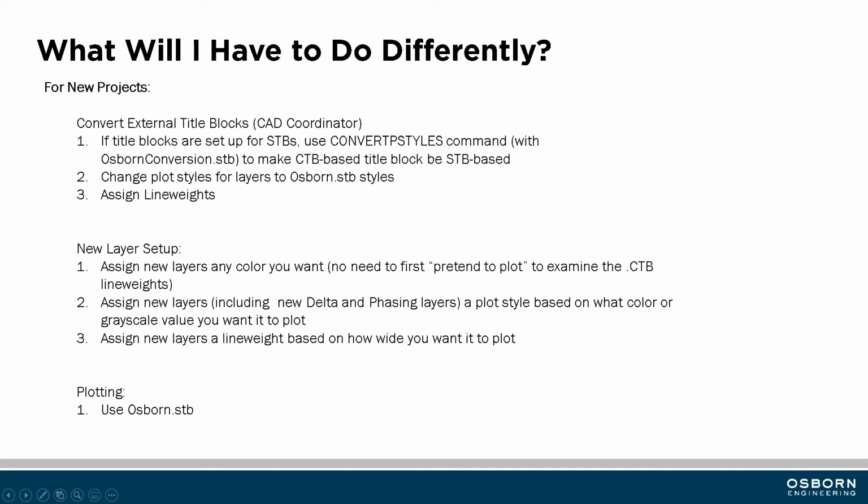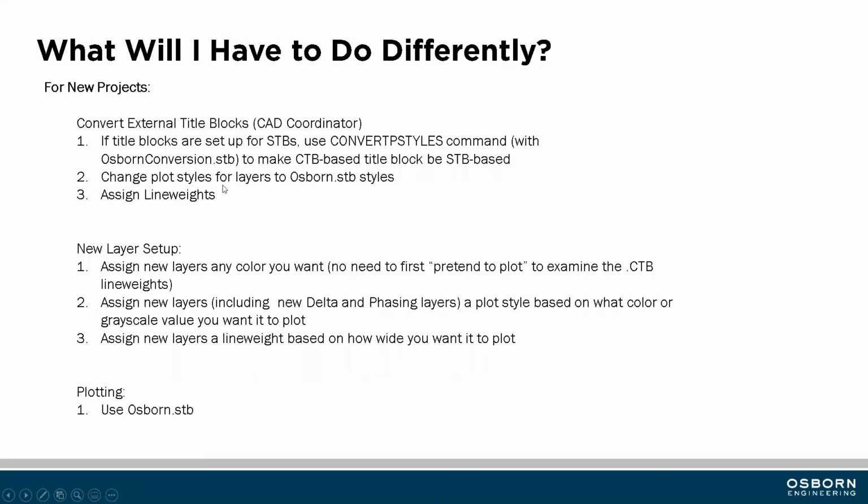The CAD coordinator, when they receive a title block from another firm that we're supposed to use, if that title block is set up for CTBs, use the convert P styles command to make their CTB-based title block be STB-based instead.